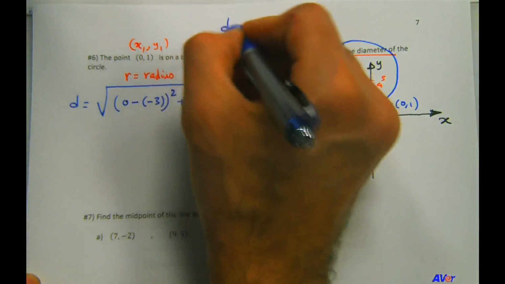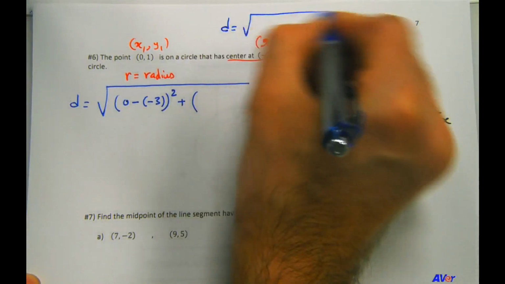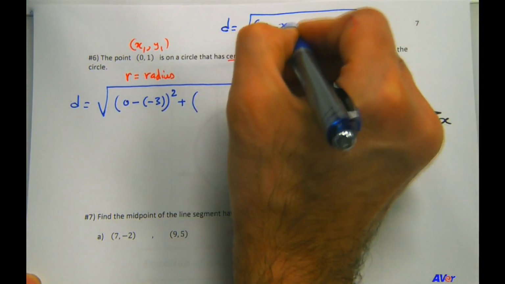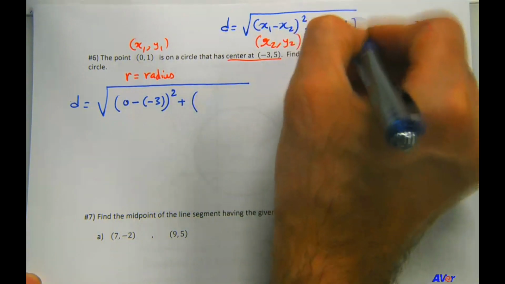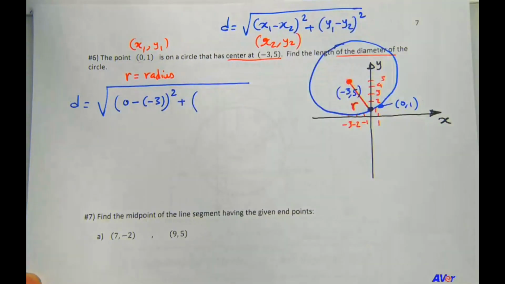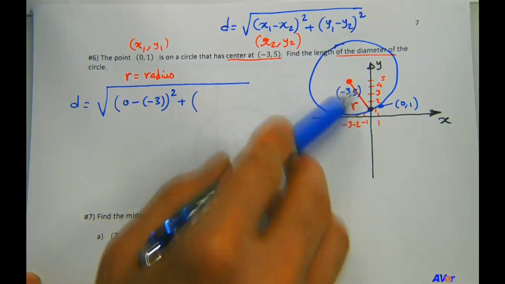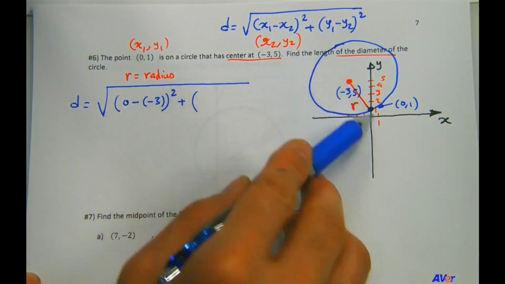The formula was, let me write it here, the distance is square root of x1 minus x2 squared plus y1 minus y2 squared. We're applying that to these 2 points. As you can see in the graph, it makes sense, right? We know the radius, we can double it to get the diameter.